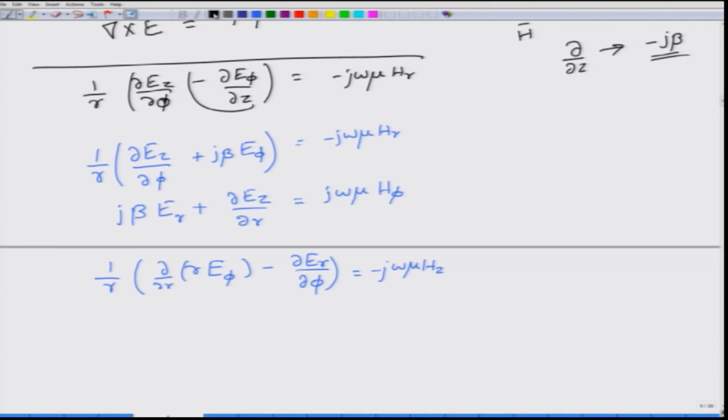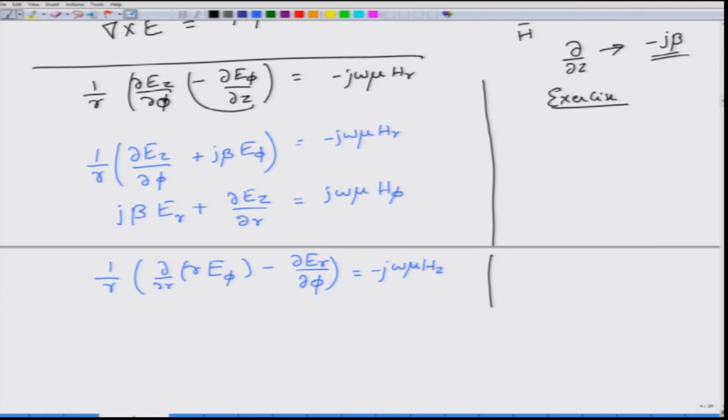So, these are the curl equations for the electric field, or Faraday's law. There must be analogous equations for del cross H as well, which are anyway obtained from the top one. So, I will also leave this as an exercise, to write down the corresponding terms for del cross H equal to j, del D by del T term.